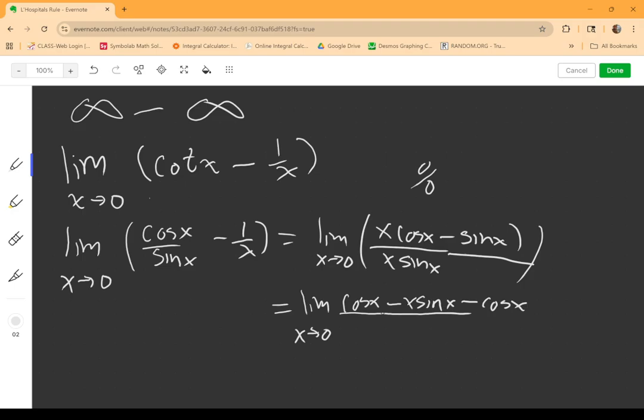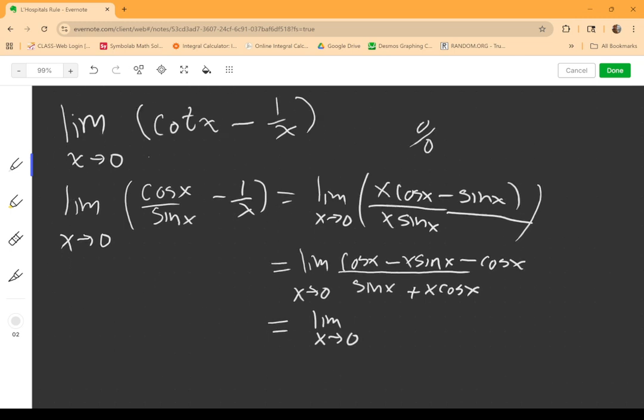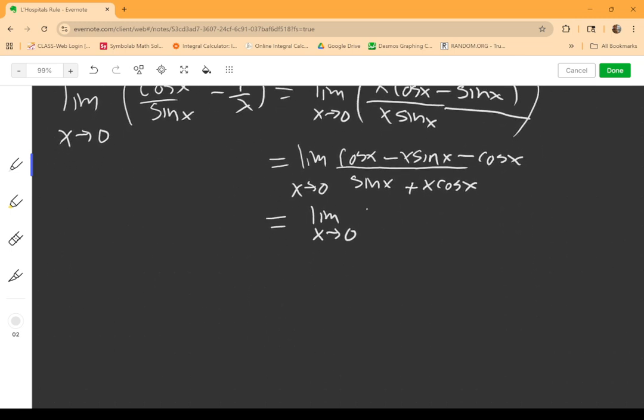In the denominator we have another product rule, so we get sine x plus x cosine x. In the numerator, the cosines cancel out, and we're left with the limit as x goes to 0 of negative x sine x over sine x plus x cosine x.